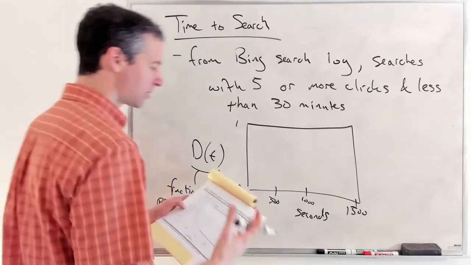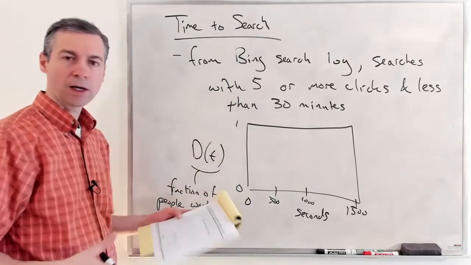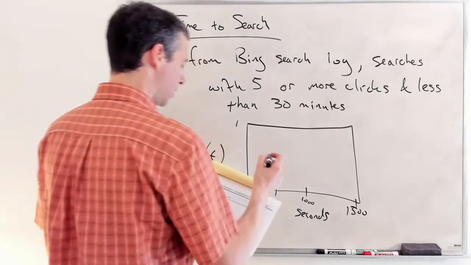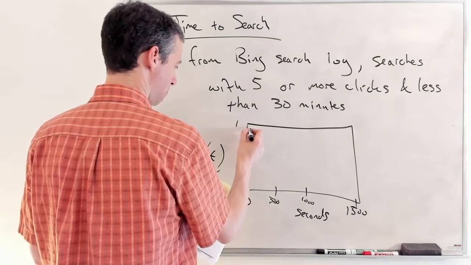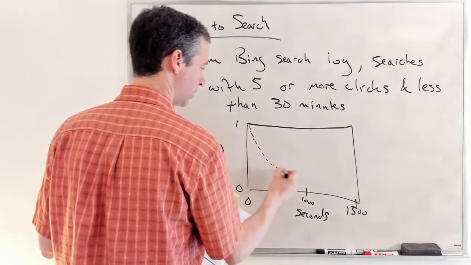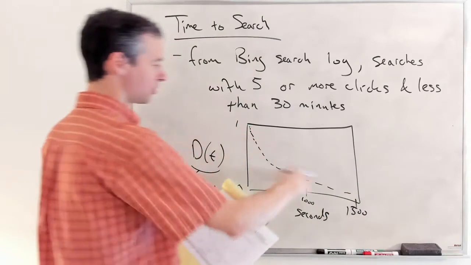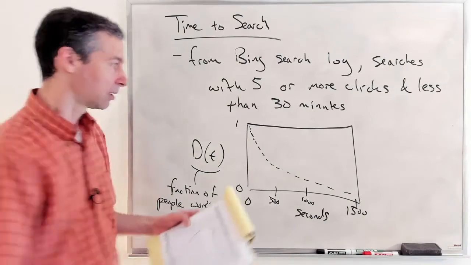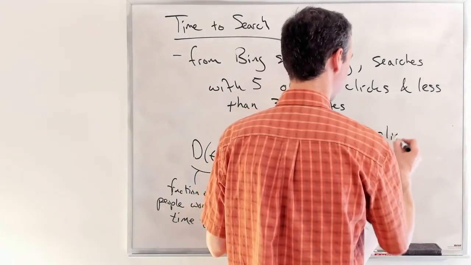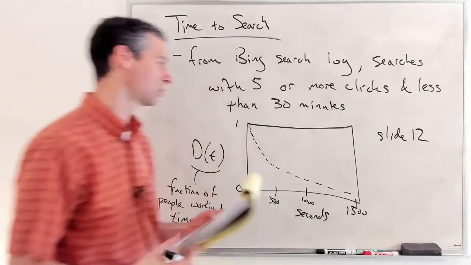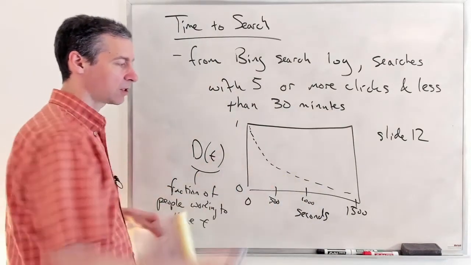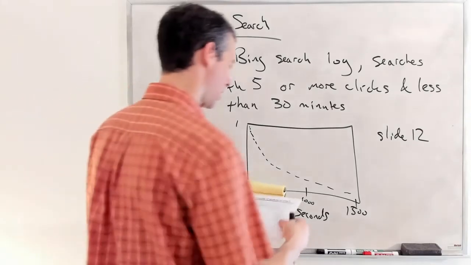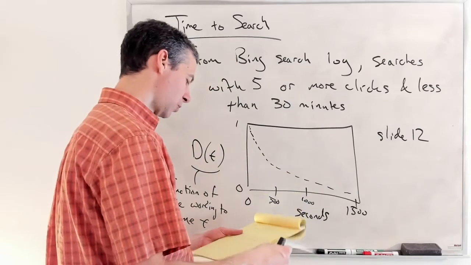And it ends up that for this data, an easy fit that seemed to work pretty nicely was exponential decay. All right. And so we did a fit of this, and users are the solid line. This is slide 12, by the way, in the presentation. They're a very close fit. And what we ended up with was an exponential decay with a half-life of 224 seconds.